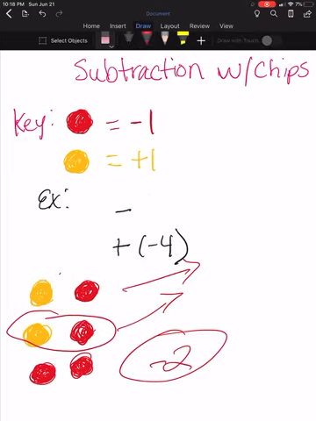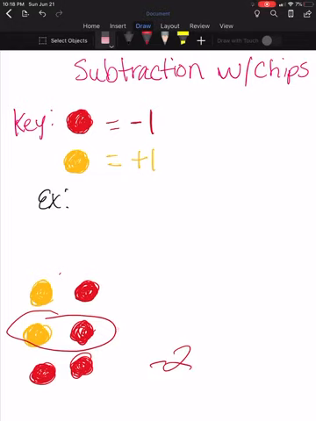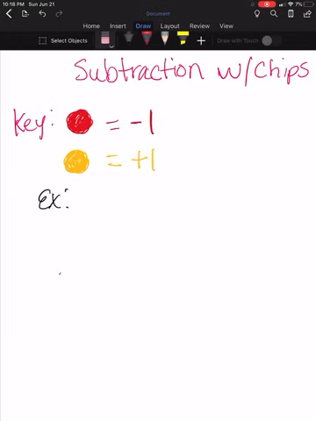All right. So let's do one more example. Let's do negative 3 minus negative 2.